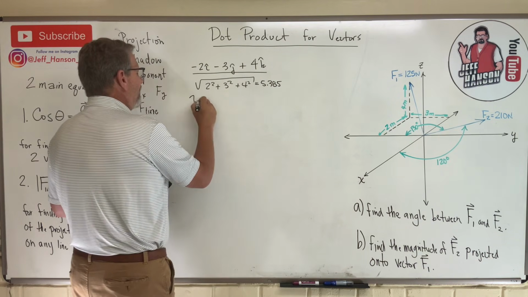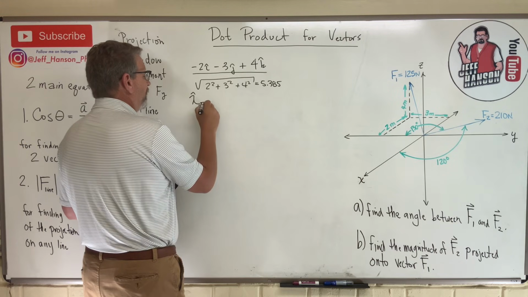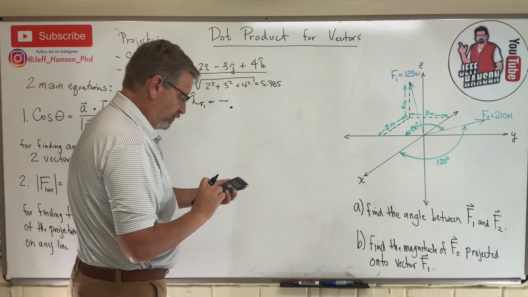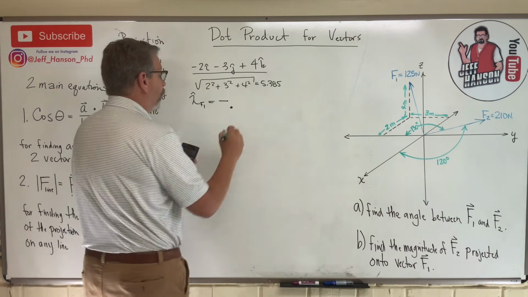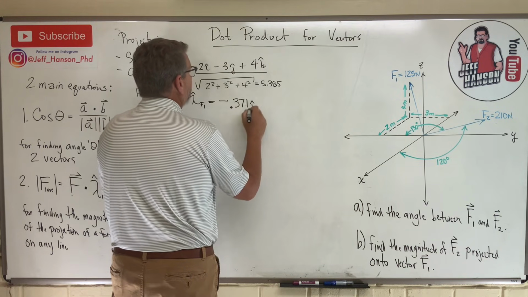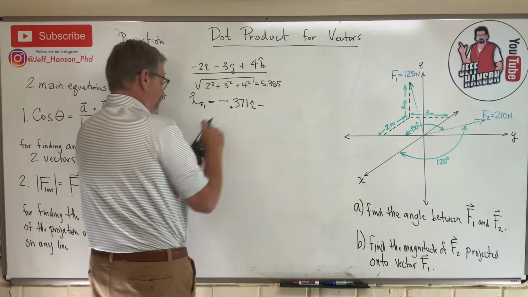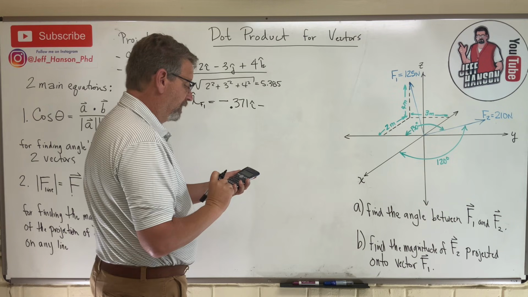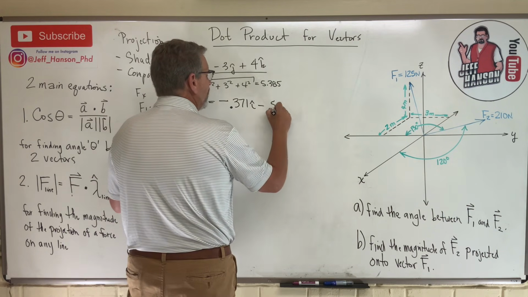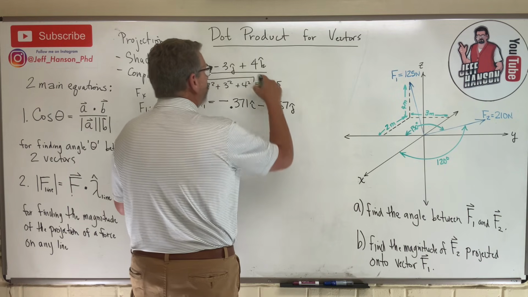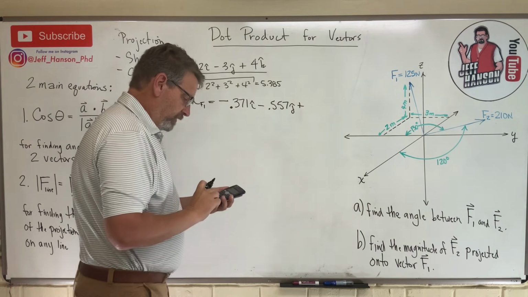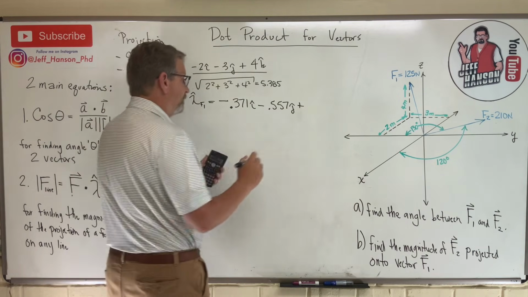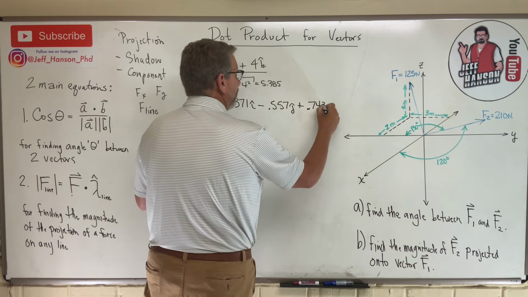Okay, so lambda hat for that vector, let's call it F1, is going to be equal to negative 2 divided by 5.385, which equals 0.371 i hat, minus 3 divided by 5.385, which equals 0.557 j hat, plus 4 divided by 5.385, which equals 0.743 k hat.